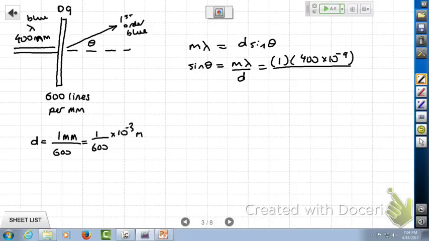So 1 second EE to the minus 3, enter, divided by 600 equals.